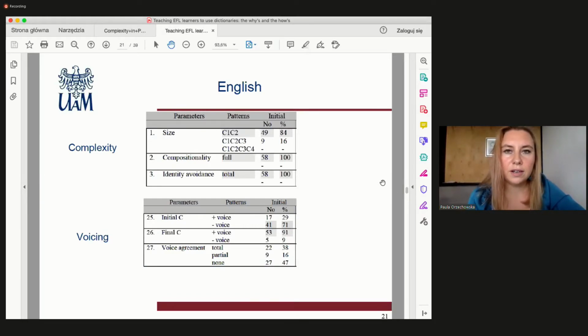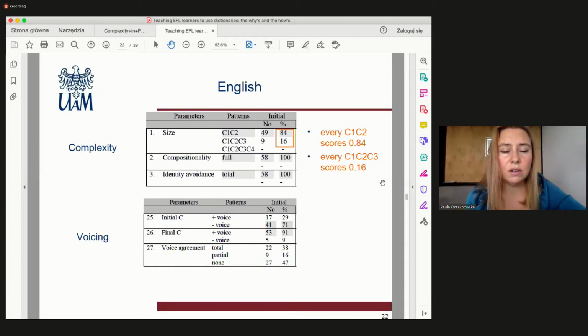So there are 49 2-member clusters and 9 3-member clusters, which translates into 84 and 16%. So basically these percentages for each parameter and each cluster were translated into percentage scores. So all the CC clusters get a score of 0.84, while all the 3-member clusters get a score of 0.16. So this was done for all the clusters and all parameters.